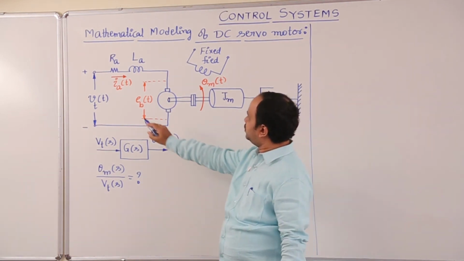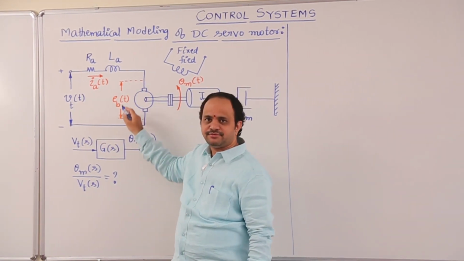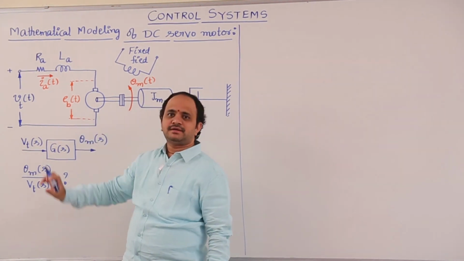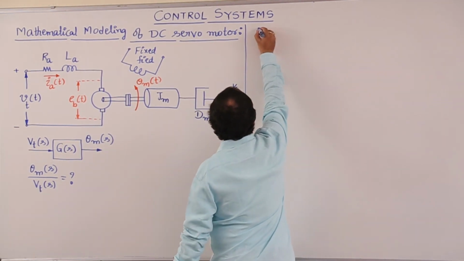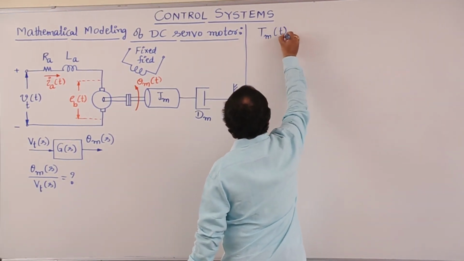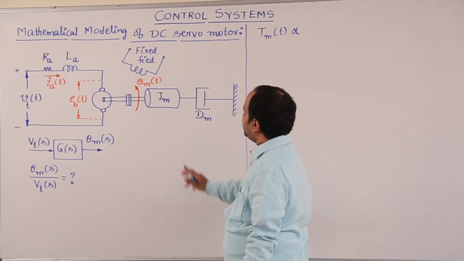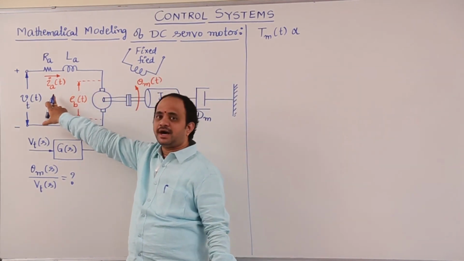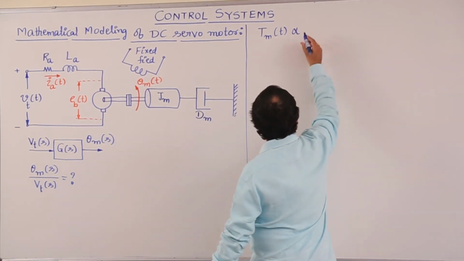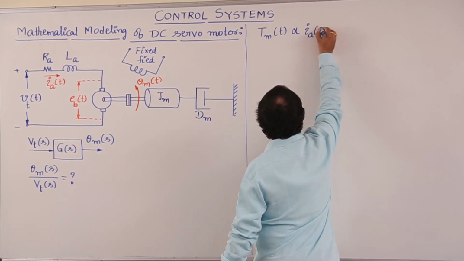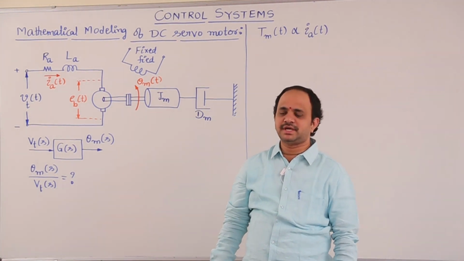Now, here, as I told, whenever a current carrying conductor is placed in this magnetic field, an electromagnetic torque will be produced. Therefore, the torque developed by the motor is basically proportional to field flux as well as armature current. But we assumed field flux is a constant. Therefore, the torque developed by the motor is purely a function of armature current.